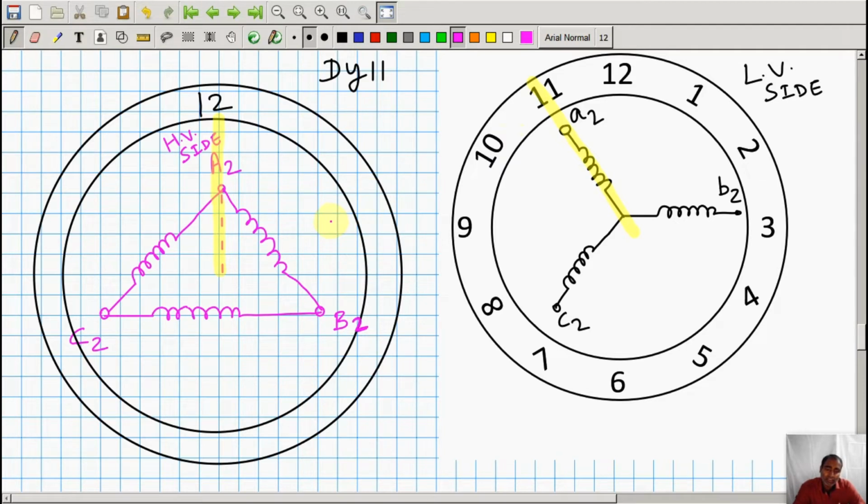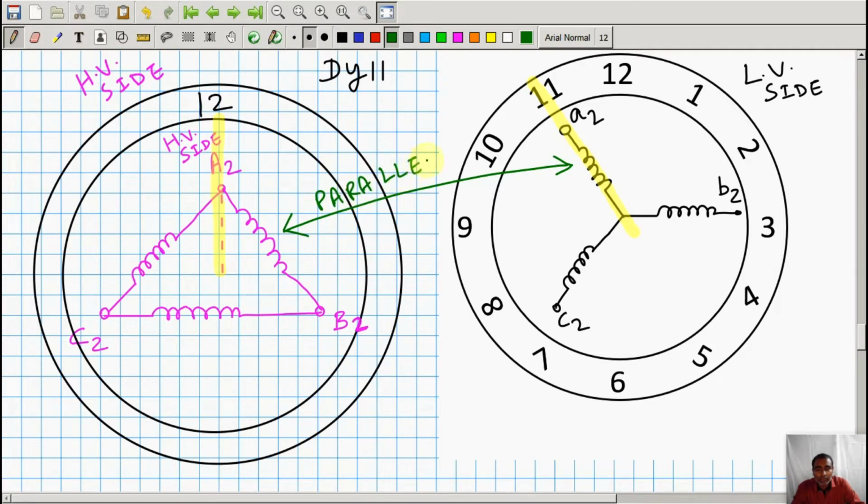Whenever we are drawing the phasor group connection for a three-phase transformer, it is very important to remember that the phase windings on the high voltage side, this is our HV side, and this one is our low voltage side, should be drawn parallel to each other. These two windings should be parallel.